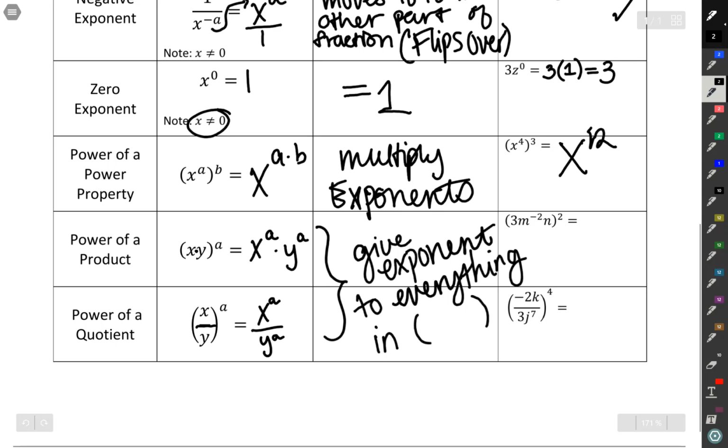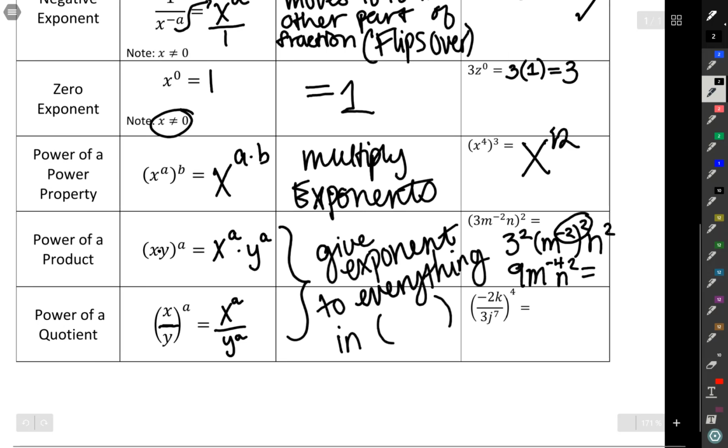Okay? So here we've got 3m to the negative 2, n squared, all squared, so we're going to have 3 squared, m to the negative 2 squared, n squared. It's 9. Now these multiply, so that's m to the negative 4th n squared.